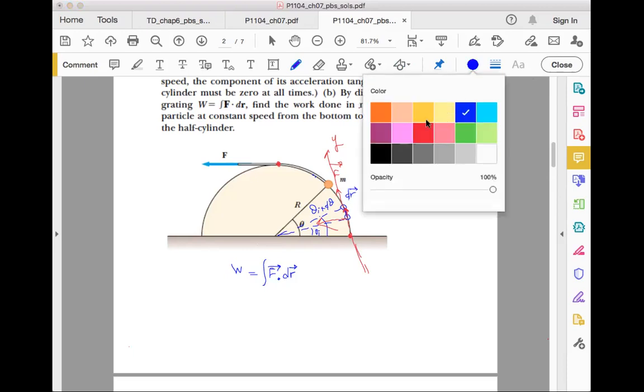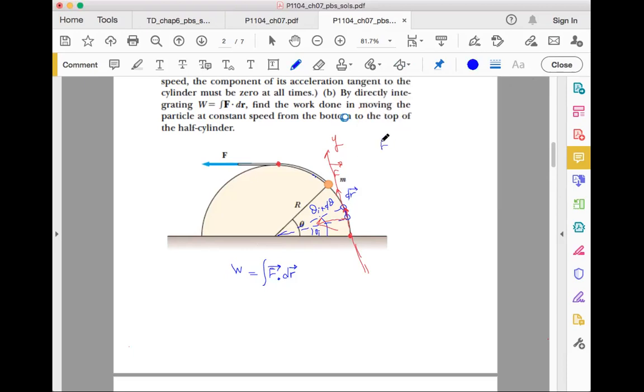So from this, we can write down that F dot dr, where dr is nothing else than dy, the displacement along the y-axis, which is tangent to the half cylinder. And F has the value m times g times cosine theta, so this is the vector F along the y-axis, so it's j. Scalar product dr times j. Now, how much is dr in this case, which I call dy?